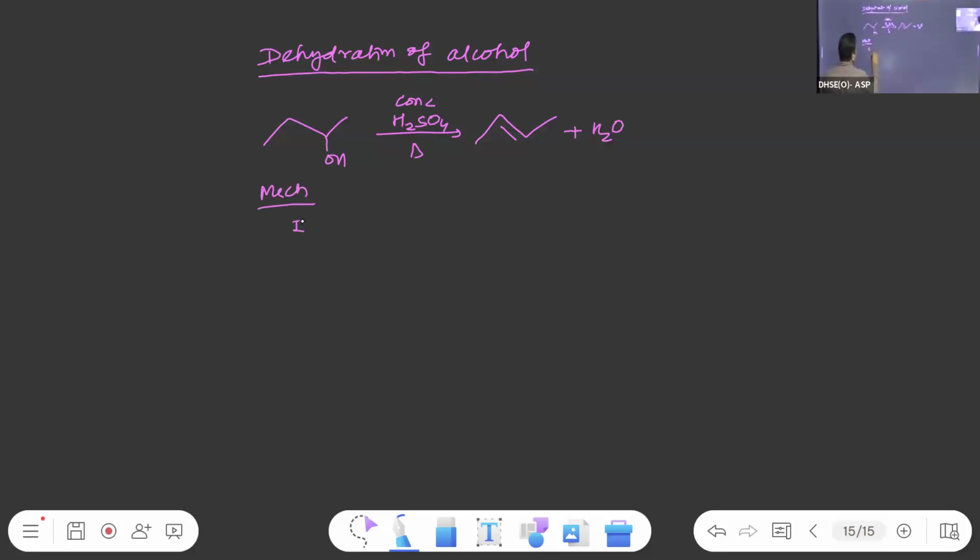First, let us write the mechanism, students. Abstraction of a proton by OH to form protonated alcohol.